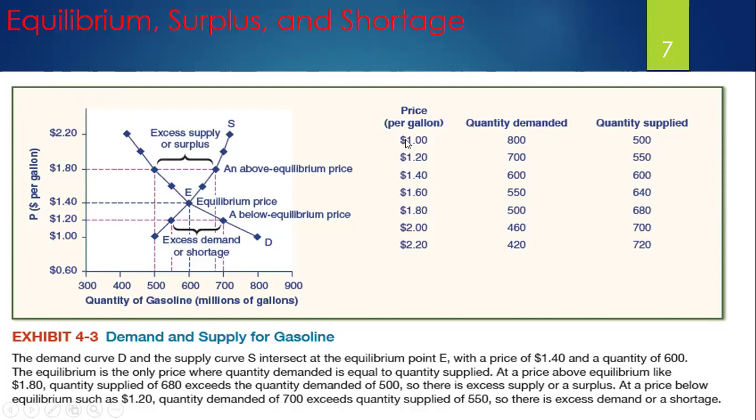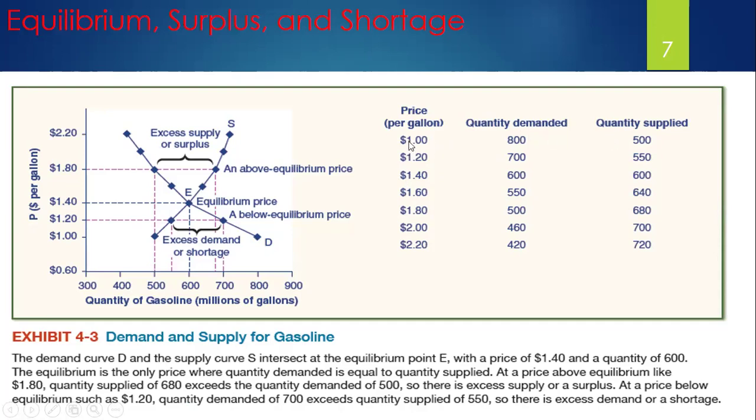The $1 price gets the highest quantity demanded, while the $2.20 price gets the least quantity demanded. $1.40 got 600 quantity. In that table, the quantity supplied is direct.